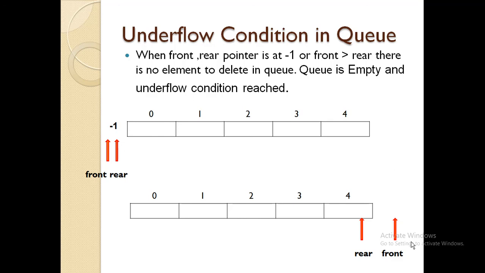When the front pointer is greater than rear, it means all the elements are deleted from the queue. In the second picture you can see that front is greater than rear, and in the first picture you can see front and rear both at -1. So any one of the conditions is used for underflow. If any one condition is true, then the queue is empty: if front and rear are at -1, or if front is greater than rear.